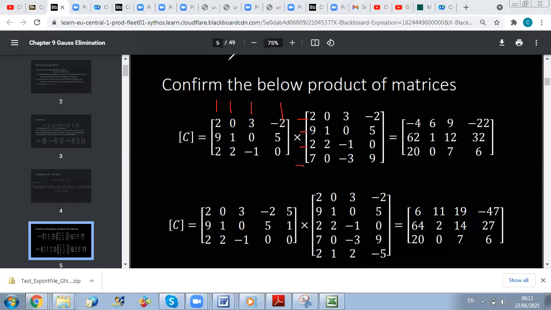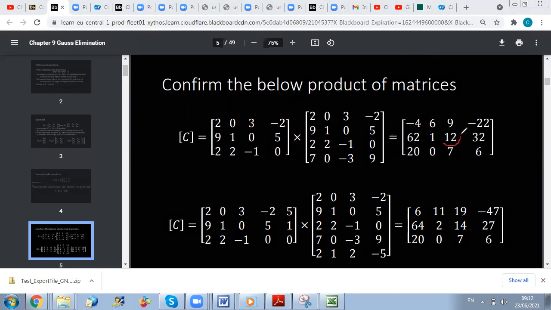So this is satisfied and we can do the multiplication. The first element here is 2 times 2 plus 0 times 9 plus 3 times 2 minus 2 times 7. The second element is, let us take any other if you want.